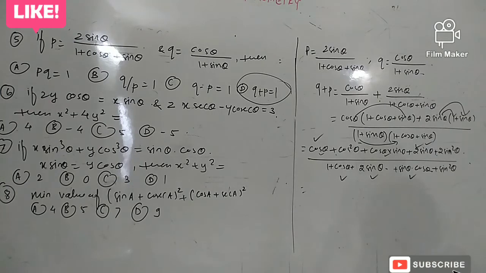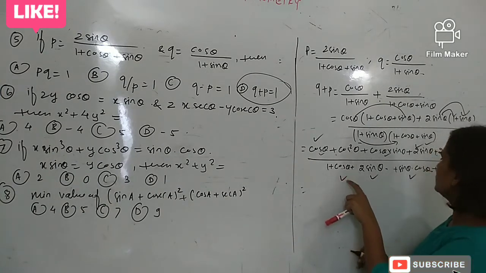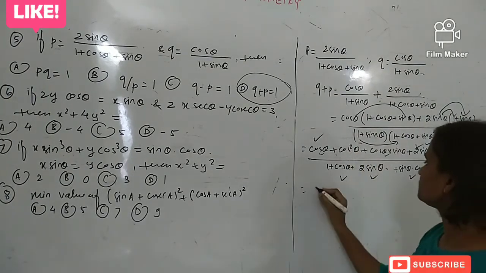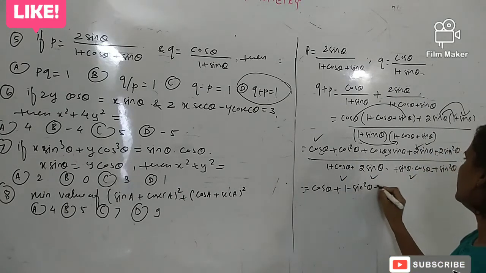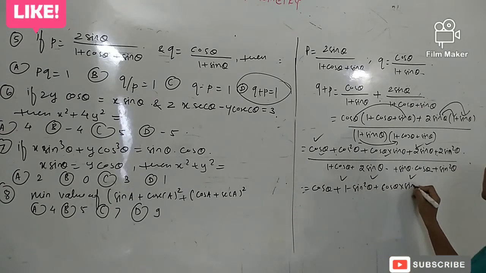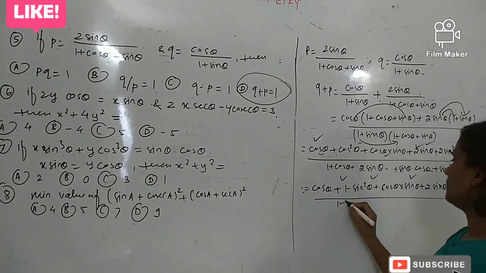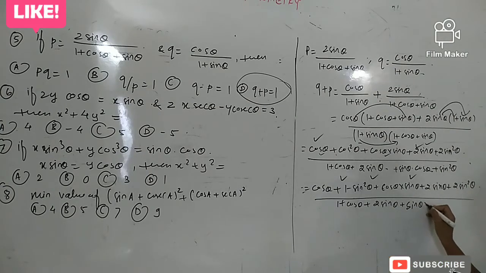Now in the numerator there is 2 sin square theta and in the denominator there is only 1 sin square theta, and in the denominator there is only a cos theta term, there is no cos square theta. So just replace this cos square theta. Cos theta as it is, I can write this cos square theta as 1 minus sin square theta, plus cos theta into sin theta plus 2 sin theta plus 2 sin square theta, dividing by 1 plus cos theta plus 2 sin theta plus sin theta into cos theta and plus sin square theta.